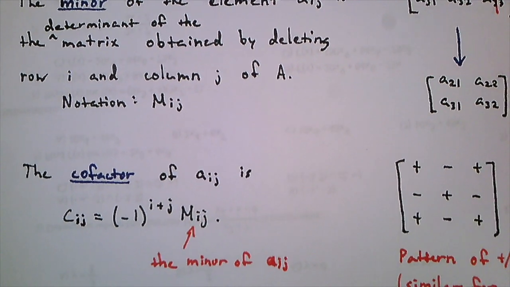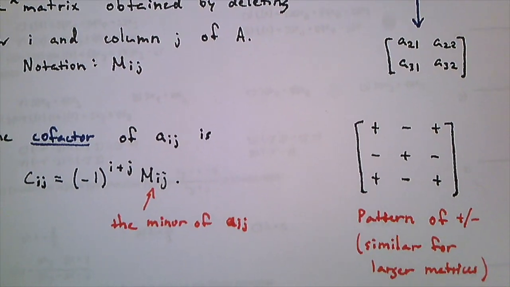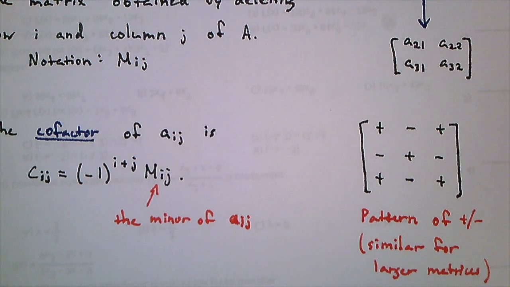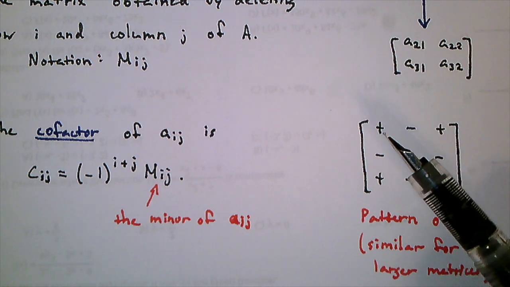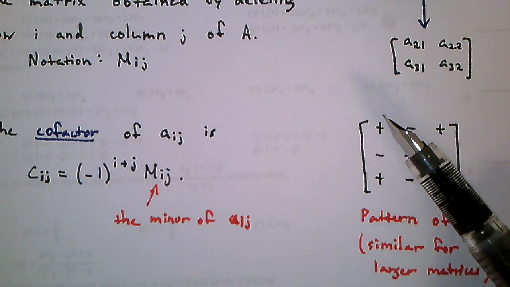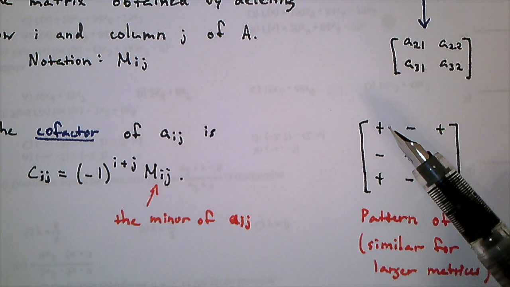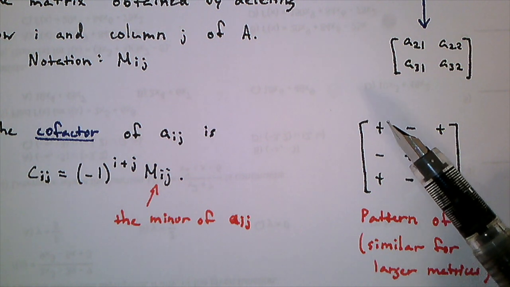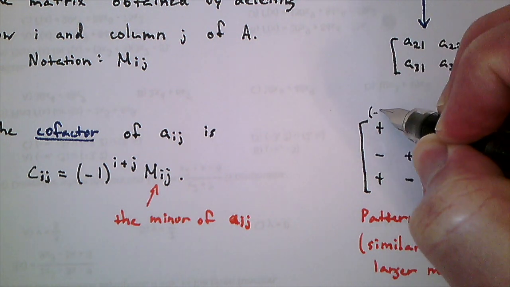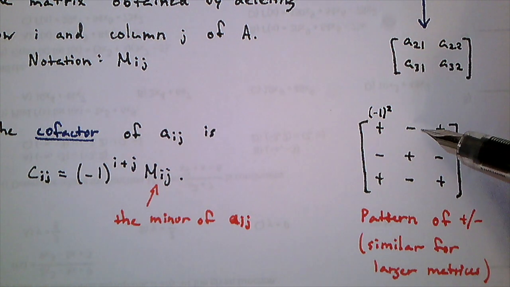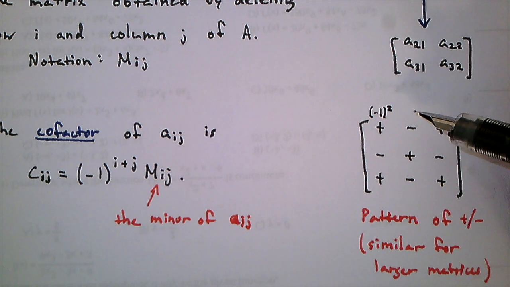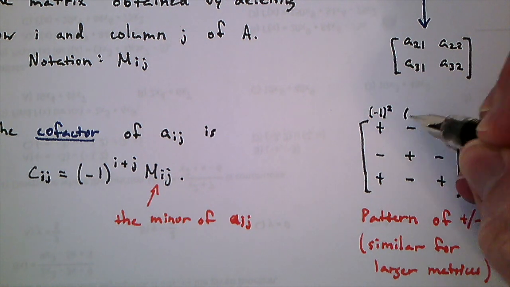Off to the right here, I've made a pattern of the pluses and minuses that correspond to the cofactors of a matrix. And I've just drawn it out for a 3 by 3. So this is the 1, 1 entry of a matrix. So -1 to the 1 plus 1, that's -1 squared, is +1. For this entry, we would have -1 to the 1 plus 2, which is 3.